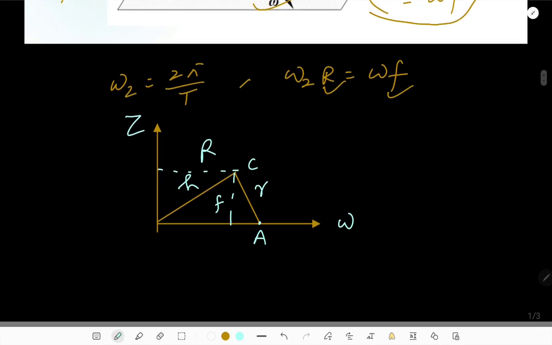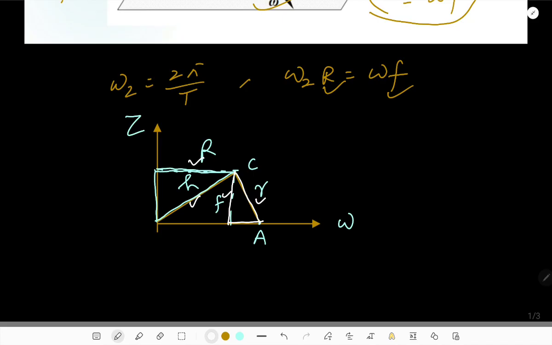And how can we find it? There is a similarity. I think this triangle is similar to this triangle. These two are perpendicular to each other.